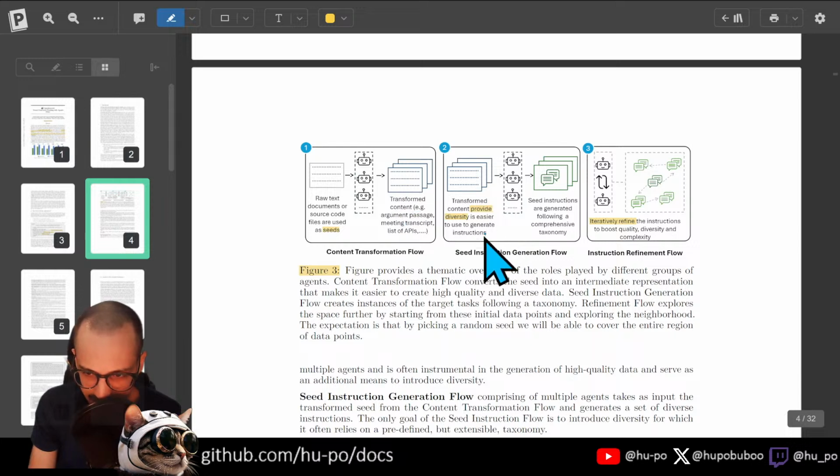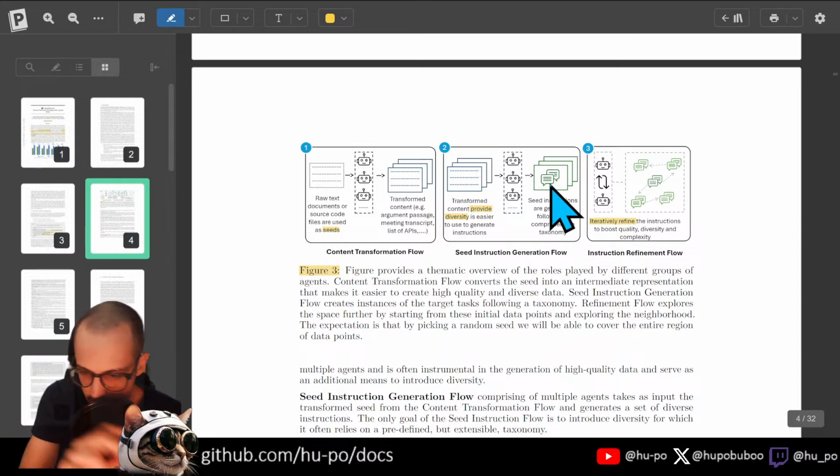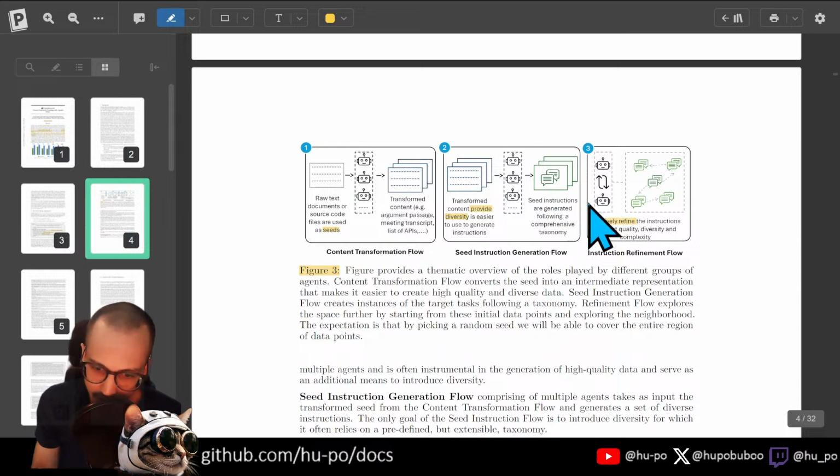Once you have that diversity, then you run it through this seed instruction generation flow, which now basically generates the actual instruction type chat data set. So an instruction data set is something where you have this chatbot-like behavior where the user asks a question, robot answers, user asks a question, robot answers, right? Which is the type of data that you need to train your models at the very end.